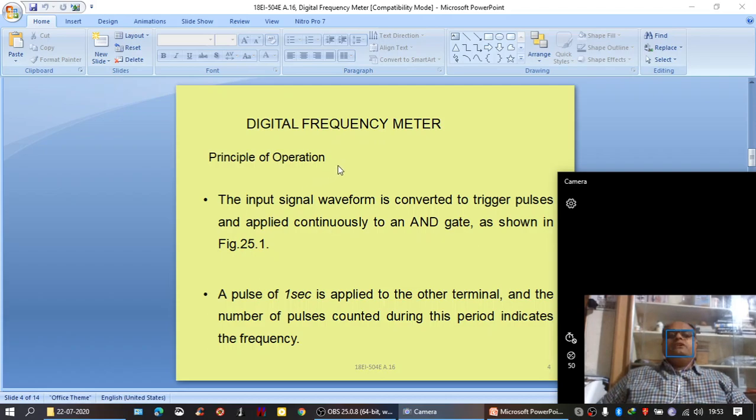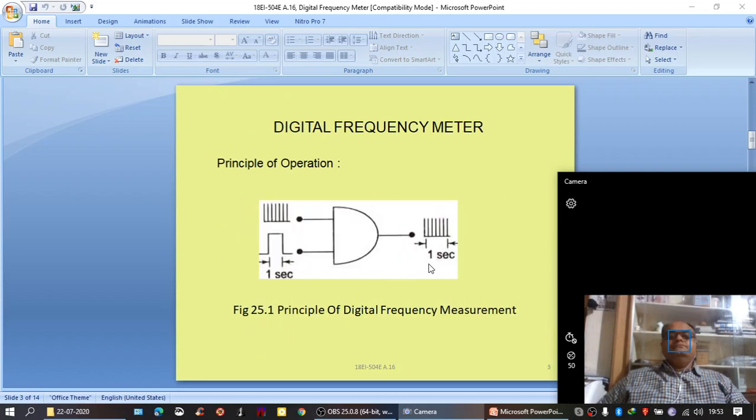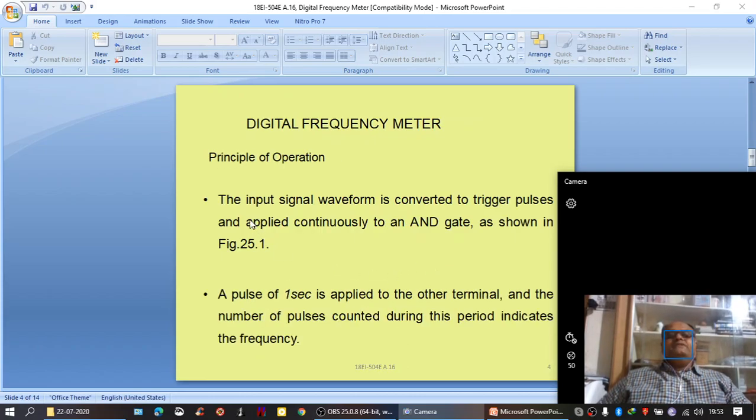The principle of operation. The input signal waveform is converted to trigger pulses and applied continuously to an AND gate as shown in figure. This is the figure. Basically, the input signal, whether it is sinusoidal signal or any other signal, first it will be converted into a train of pulses by using a Schmitt trigger.